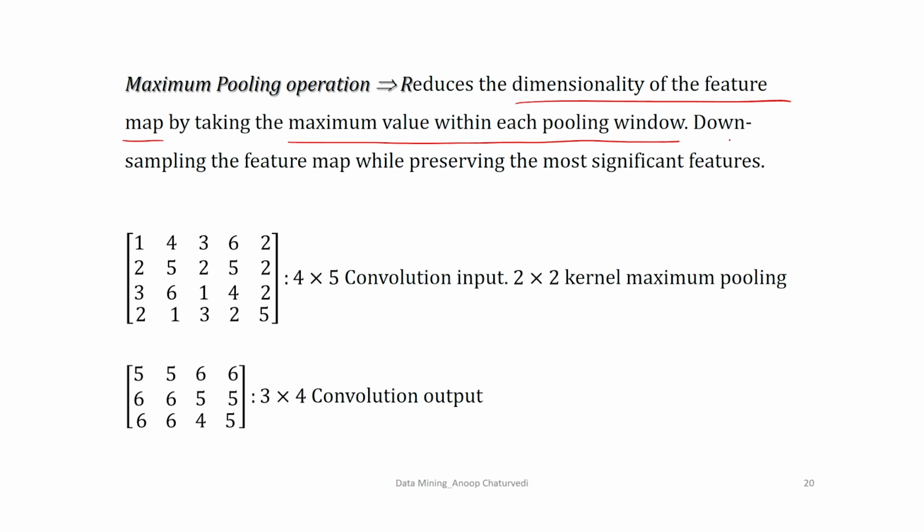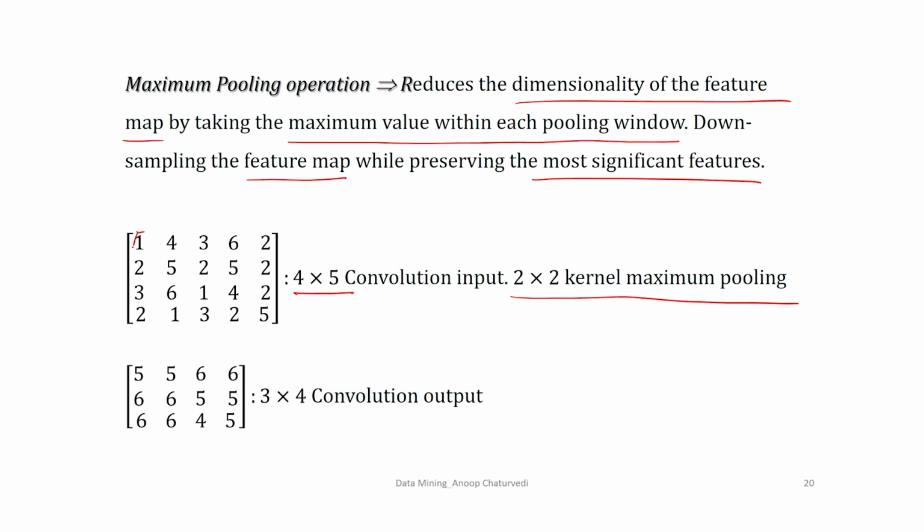It downsamples the feature map while preserving the most significant features. Now, we consider this example of 4 by 5 convolution input, and then you have 2 cross 2 kernel maximum pooling.